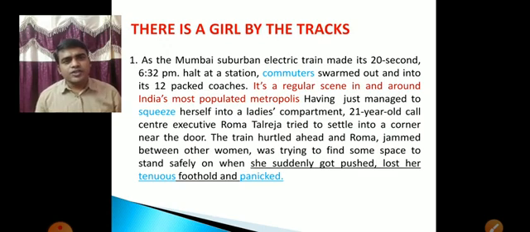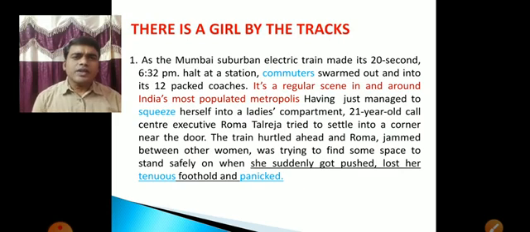See, my dear children, here this girl met with an accident in the Mumbai suburban train. About that accident and incident we are going to study in today's class, my dear children. Have you understood, children?